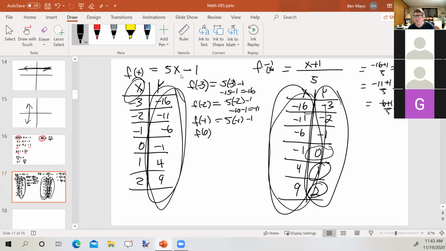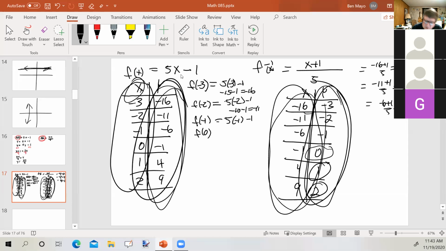Or let me say that a different way. The domain of the original function becomes the range of the inverse. The range of the original becomes the domain of the inverse. So if you have a one-to-one function and you've got some ordered pairs that are solutions, you could take all those ordered pairs and switch the x's and y's and get ordered pairs for the inverse. Think about it.